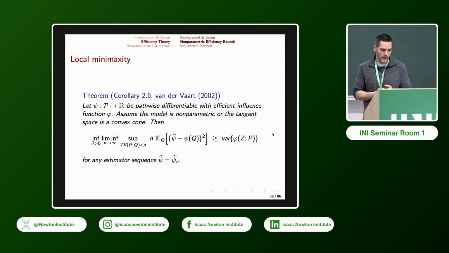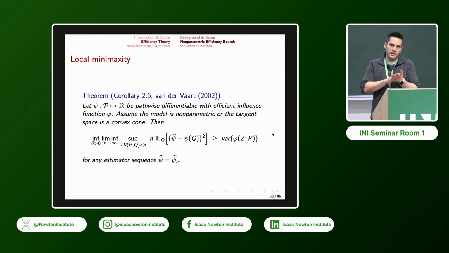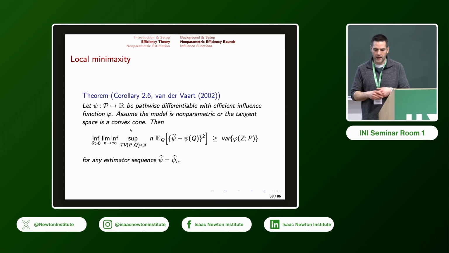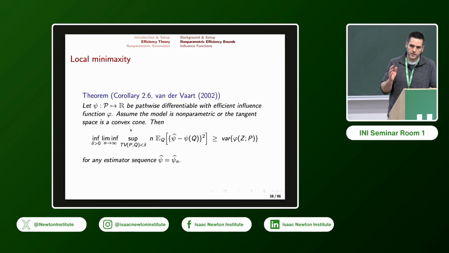I guess the reason I'm focusing on this is just because I think the local asymptotic minimax perspective, or just the minimax perspective period, is a little cleaner to me personally, because here there's no restriction on the estimator at all, which I just prefer. You can think of all possible maps from the data, and it doesn't matter how complicated they are, this result will apply to these. But that's an alternative way to frame this kind of result.